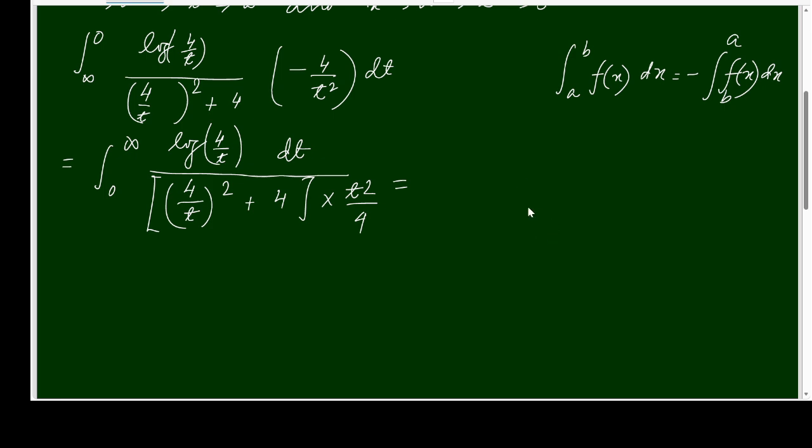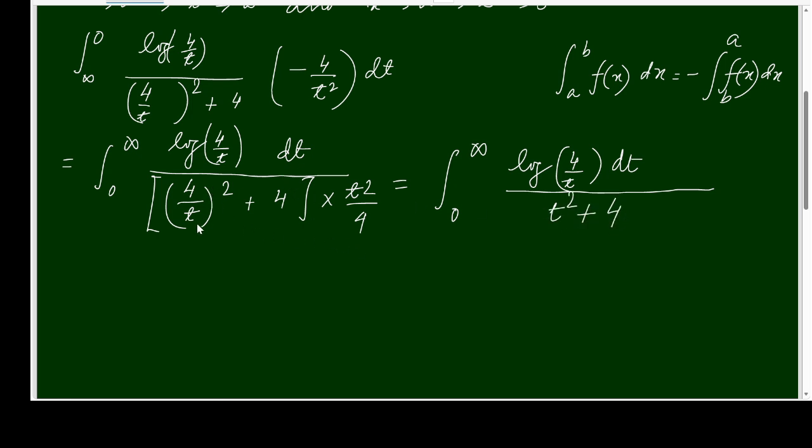So it will simplify, it will be 0 to infinity log 4 over t dt, and there will be a change in the numerator, t square by 4, this will be cancelled, and I will get only t square by 4. T square plus 4, 4 cancel, it will be 16 by t square by 4, it will be t square by 4.